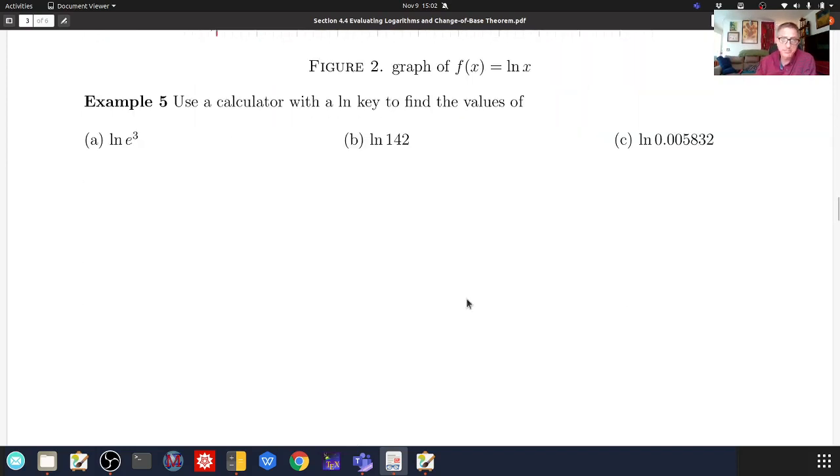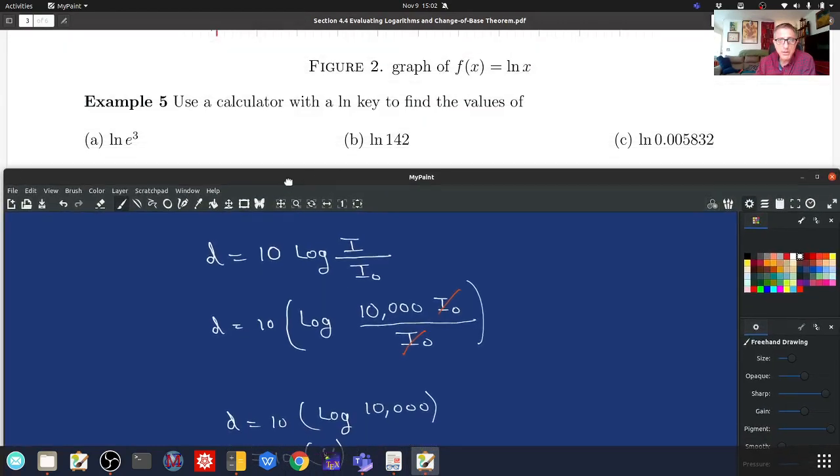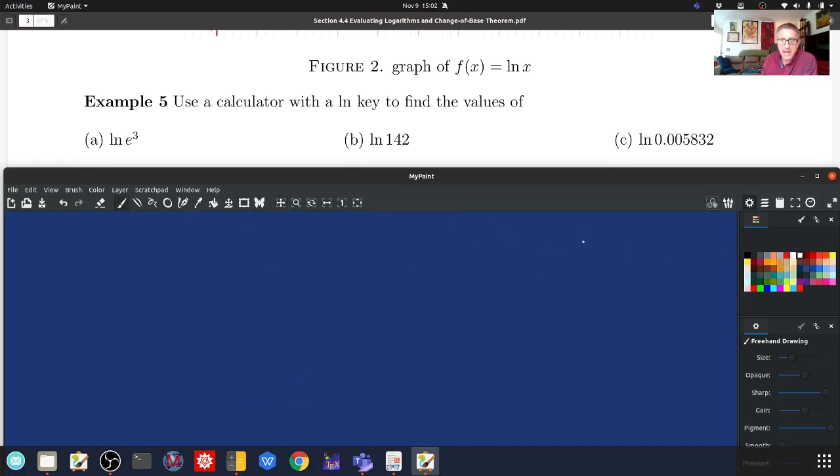So let's do these. Now we're going to be using the natural log, and really the natural log, or ln, is the most helpful in nature, because nature doesn't have fingers, it has math, right?